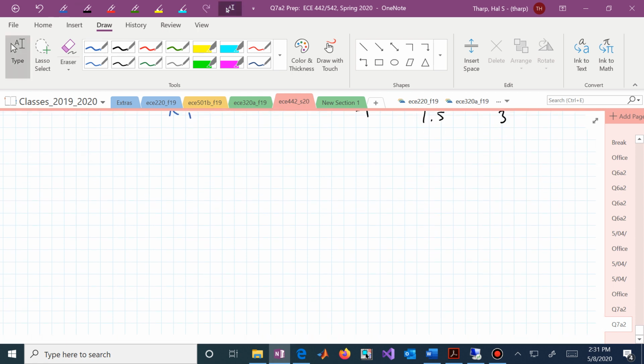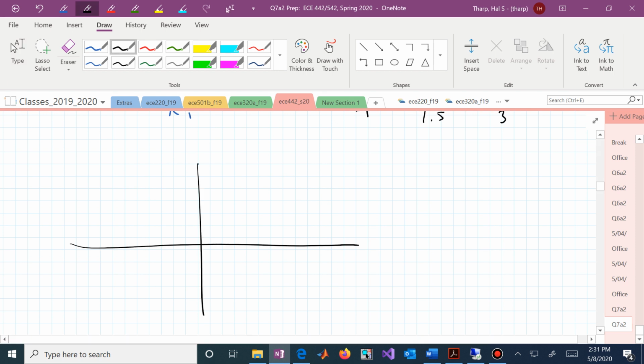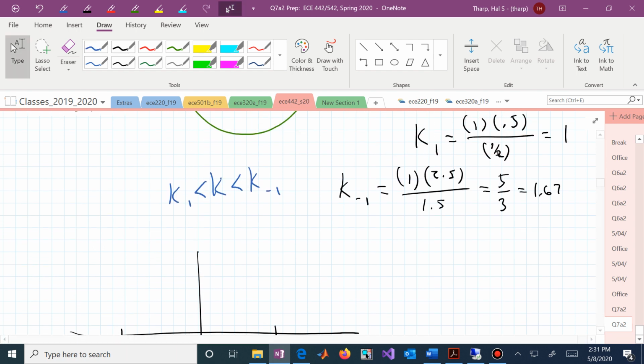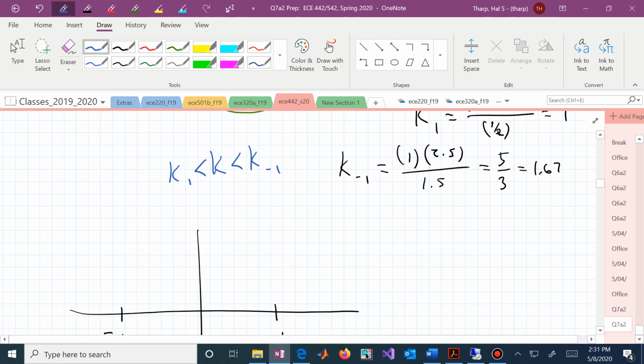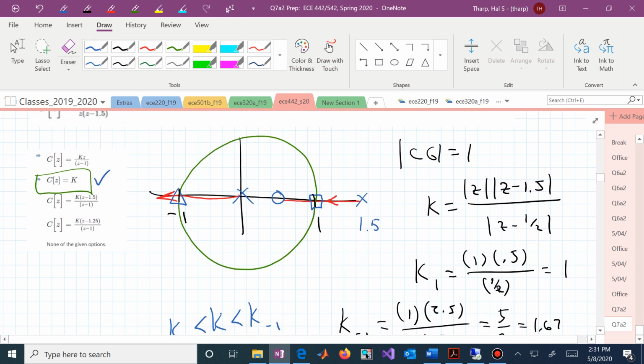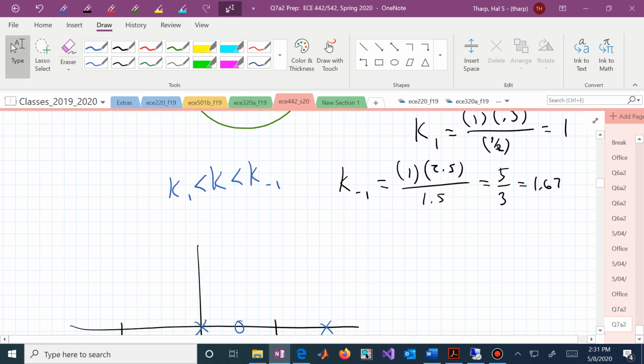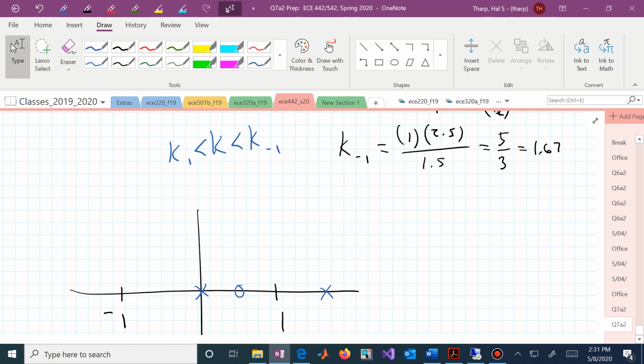Let's look at the top one. Here I'm really asking you to examine the root locus structure for these various scenarios. We have a pole at the origin, we have a pole at 1.5, and we had a 0 at 1/2. The top one now says, oh, let's place a controller 0 at the origin, and that's okay.